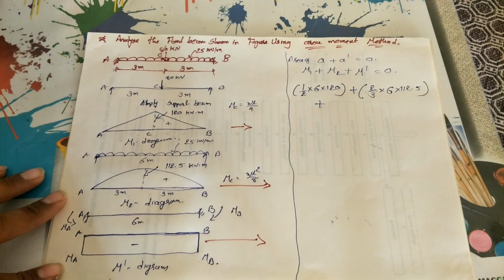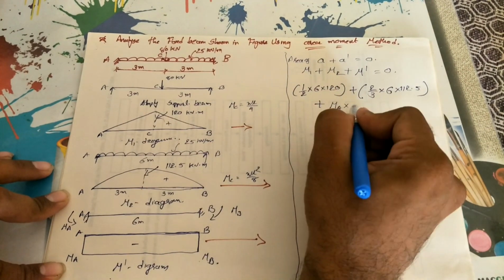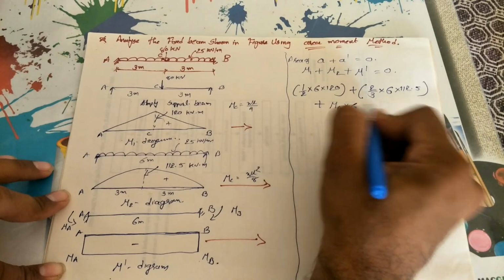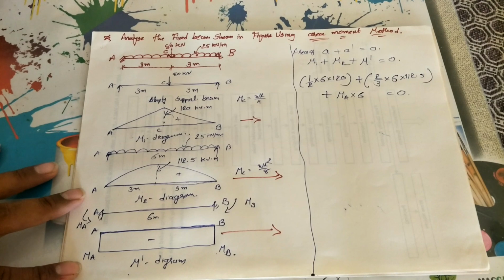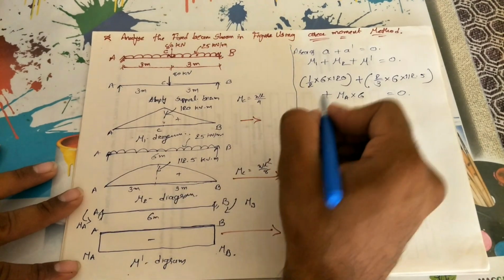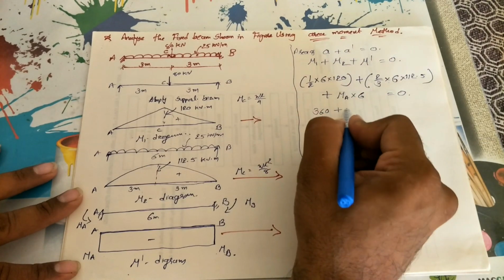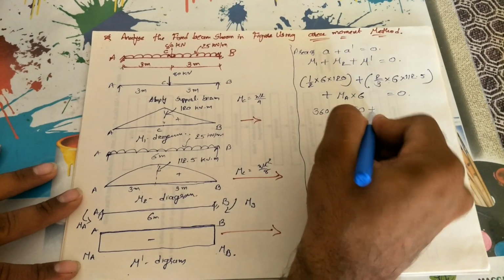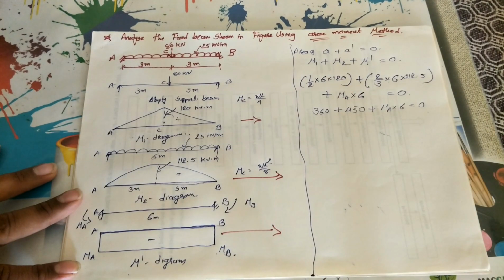Next is plus the area of the Mu-dash diagram. Here we have MA and MB, and both values are the same, on equal height. So the rectangle area is MA into 6, that is L into B, equal to 0. So this value comes to 360, plus this value comes to 450, plus MA into 6 is equal to 0.